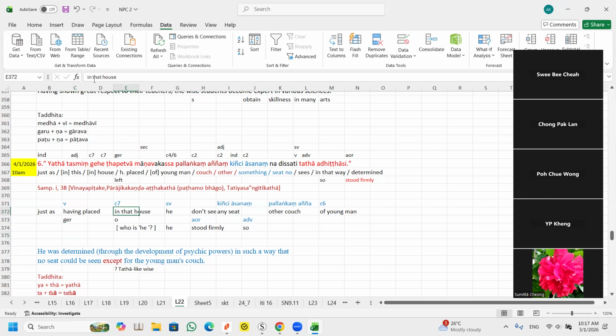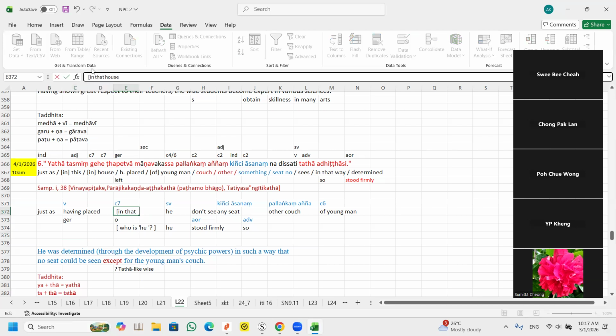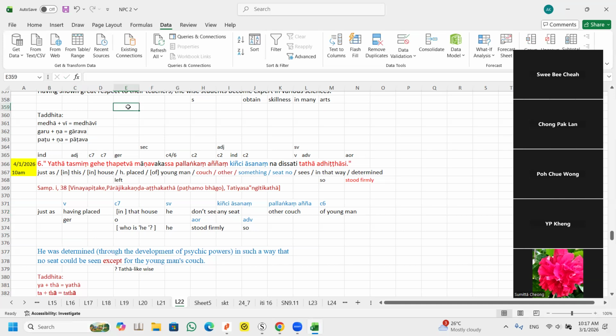The only thing is that you need a preposition of in. So it's the same manner, the gerund will take an object, then that house is an object, of course, in that house. So it is placed in the locative. So this yata is just like having place in that house. So this part is done.